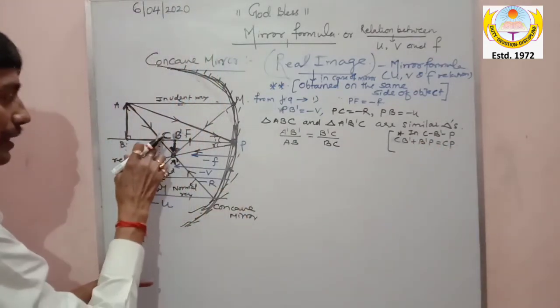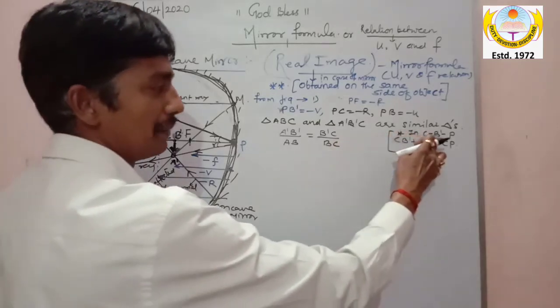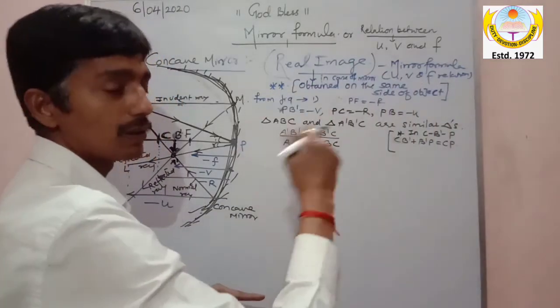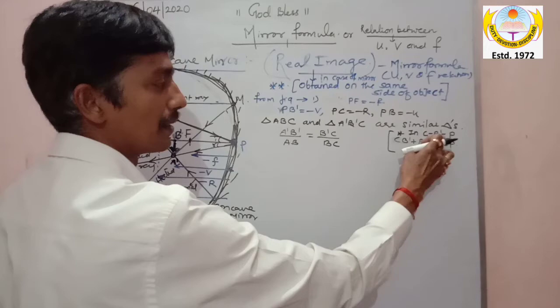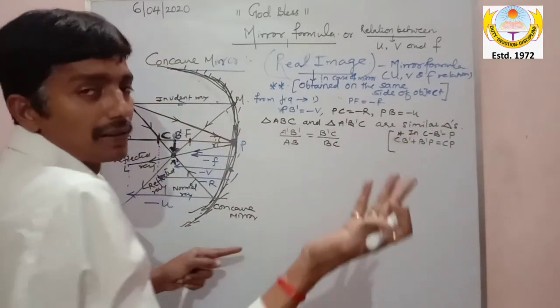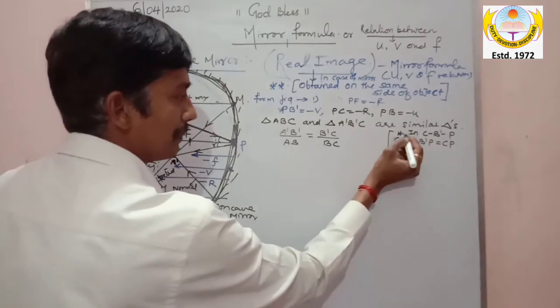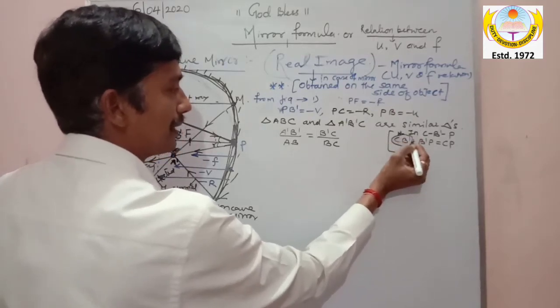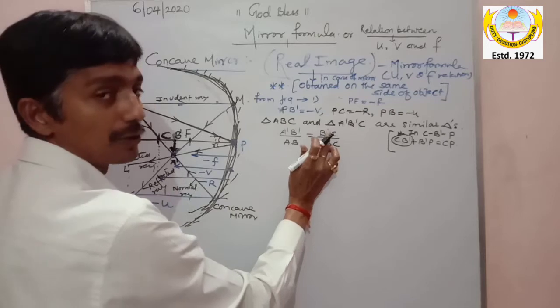Simple. All three are on one line, so adding, CB dash plus B dash P is equal to CP. I need the value of CB dash to substitute here.